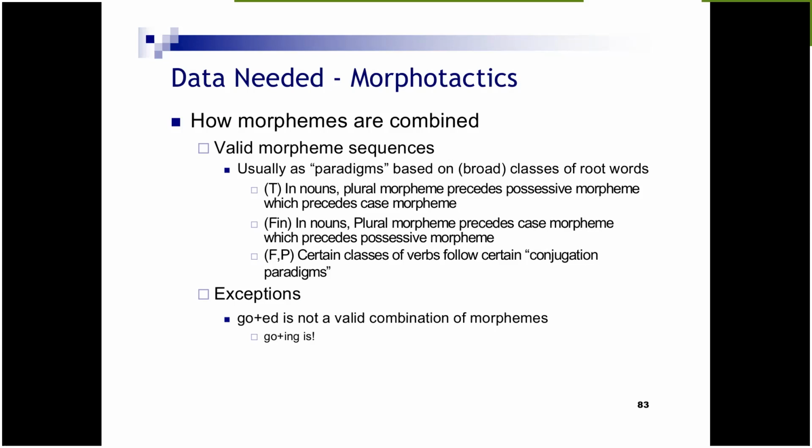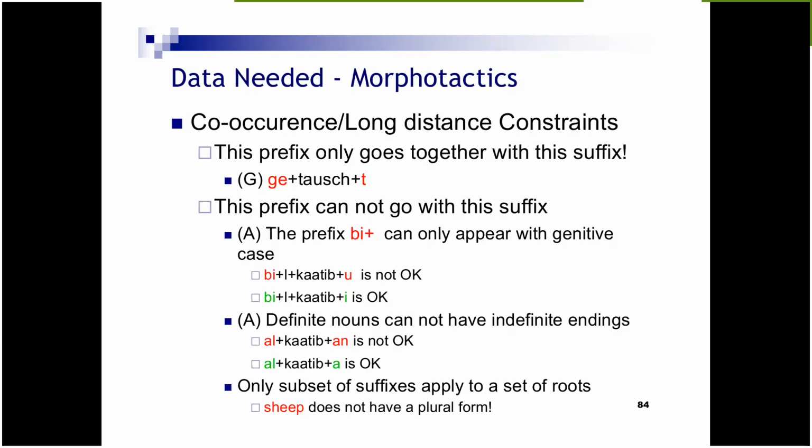So morphotactics is how the morphemes combine. These are examples in Arabic and German. I'll give you examples in Kinyarwanda, but it's still about the same process of affixation: infix, circumfixation, prefixes and suffixes. But there are rules on which morphemes can be combined to make a word.